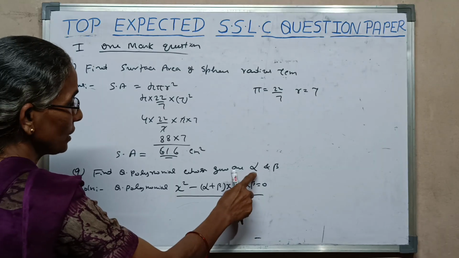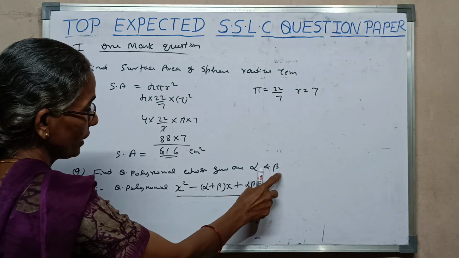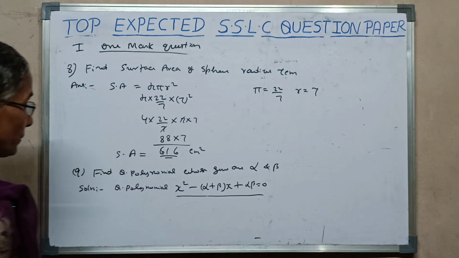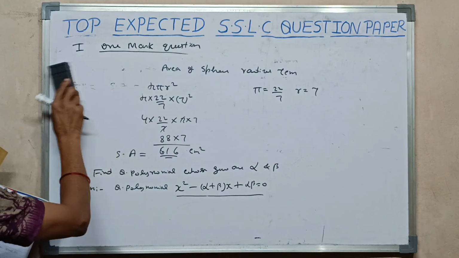Sum of the roots are alpha and beta, so alpha plus beta into x. Product is alpha into beta. Alpha beta equal to 0. Next, 10th question.